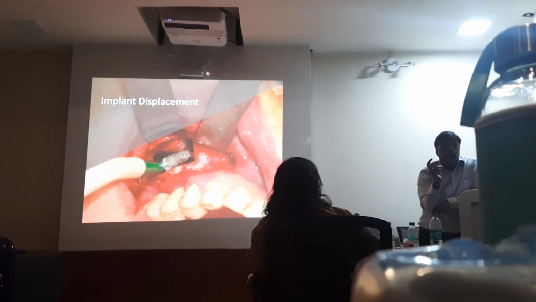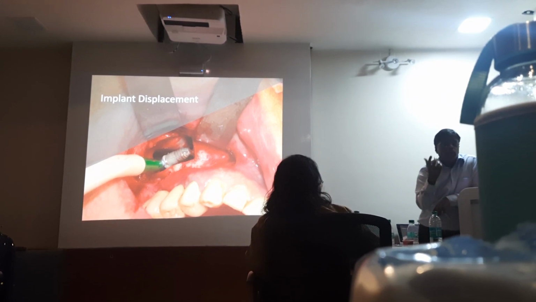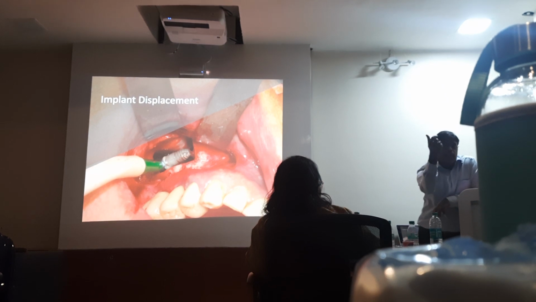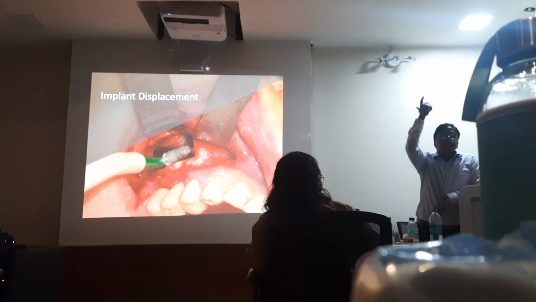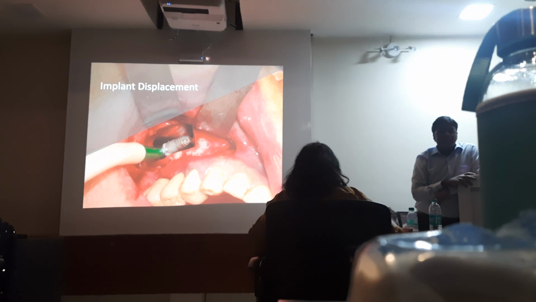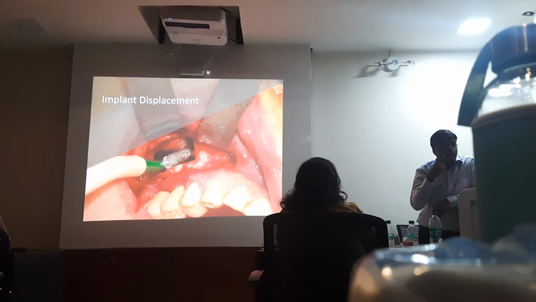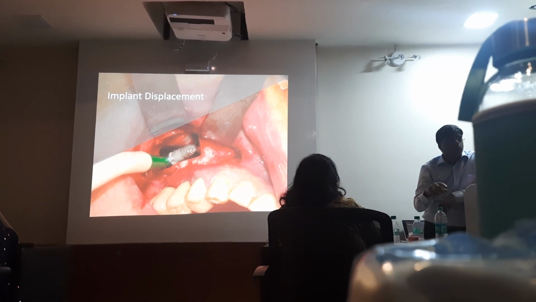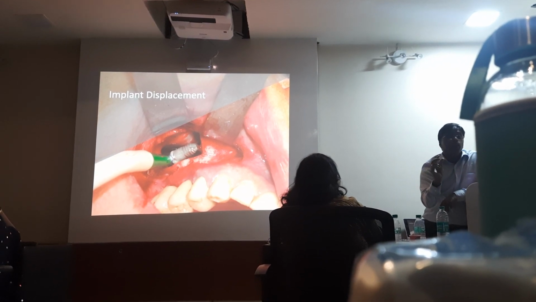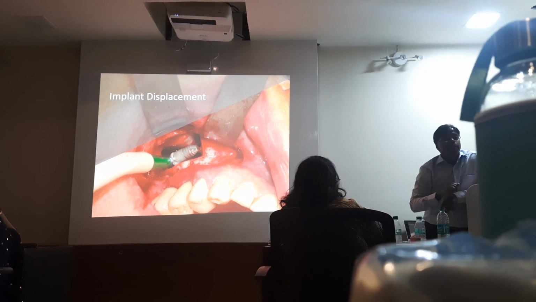Cover screw, touch and anti-clockwise, always a downward motion. Touching it like this. Okay. So two of my implants which we left in the sinus are because of this procedure while removing the cover screw, and that too in indirect sinus lift cases.